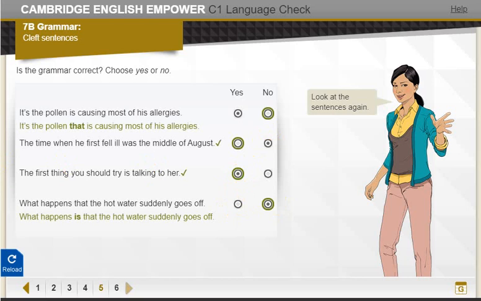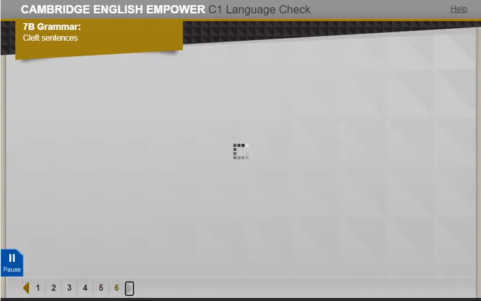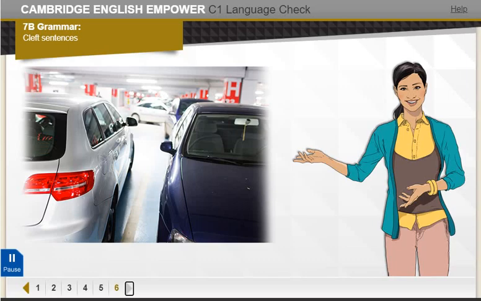We say, "It's the pollen that is causing most of his allergies," and "what happens is that the hot water suddenly goes off." That's it. You've completed the language check. Remember, you can use it as often as you want to revise cleft sentences.